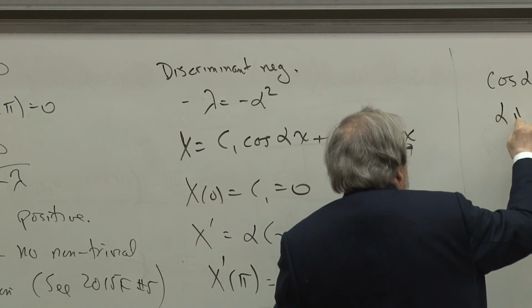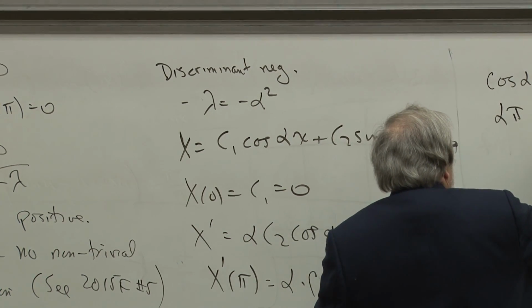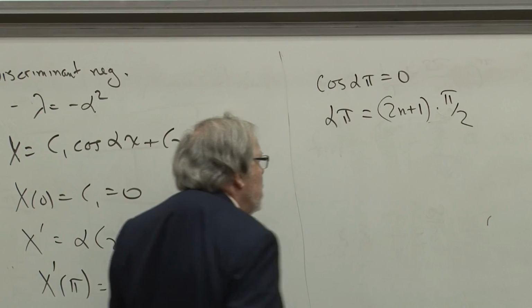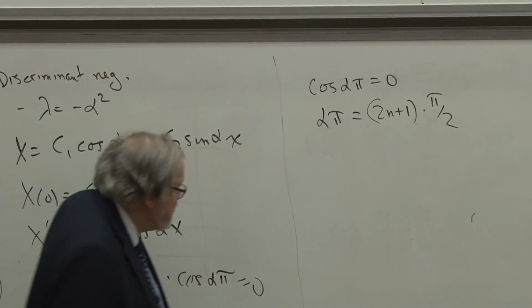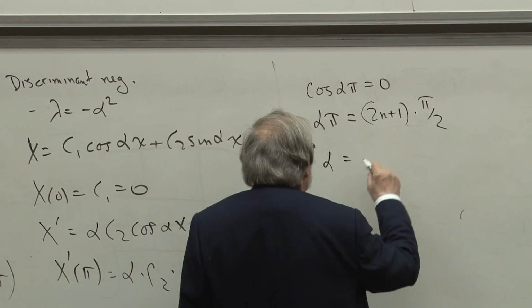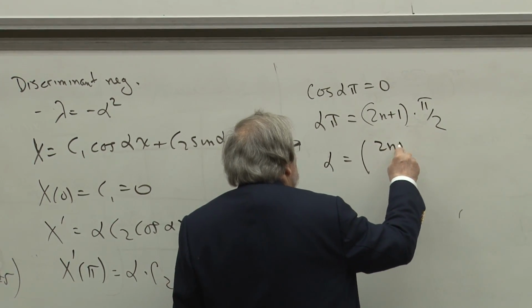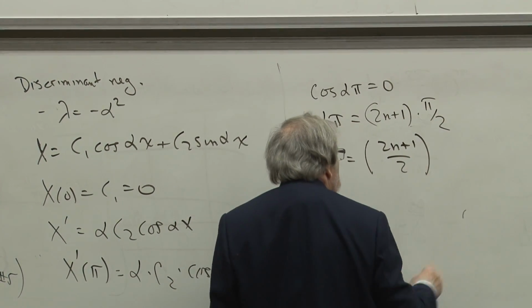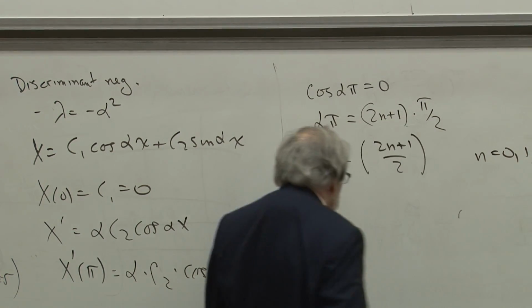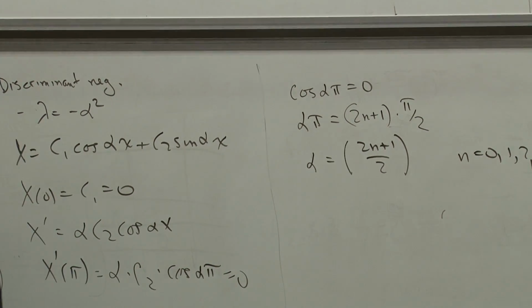That means that alpha times pi is an odd multiple, 2n plus 1, of pi over 2. Gives me alpha, the pi's cancel, 2n plus 1 over 2, starting at 0.